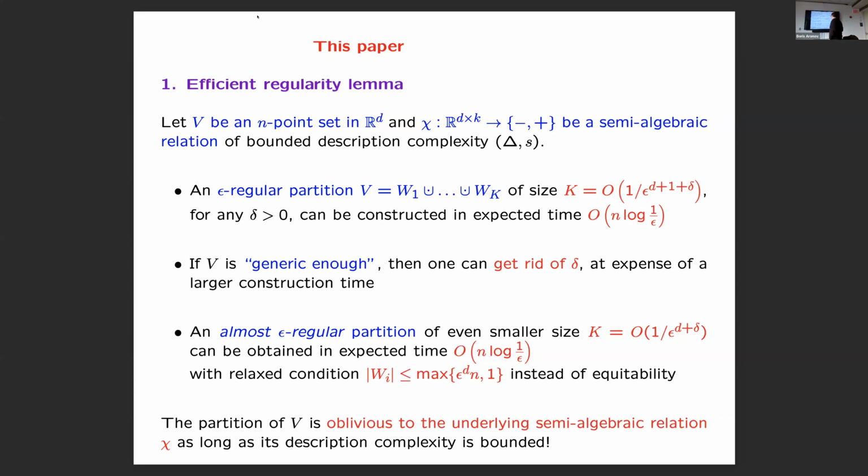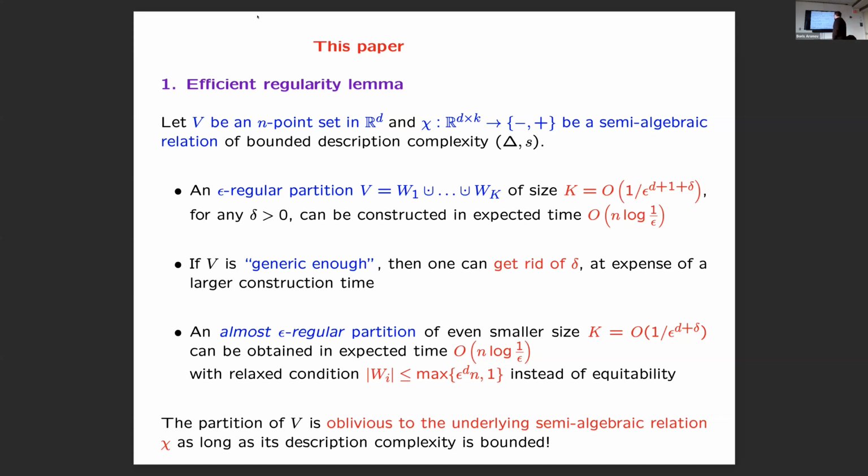And if you also don't insist that the partition is equitable, if you trade equitability for a reasonable assumption on the cardinalities of the subsets, that they should be at most of size epsilon to the d times n, then of course you can get rid of the 1 in the exponent. So in d plus 1, the 1 comes from the equitability.